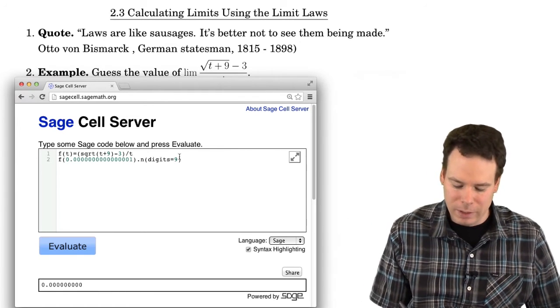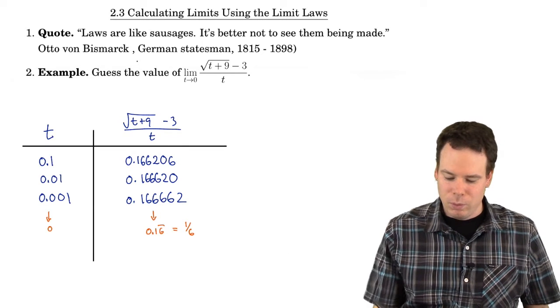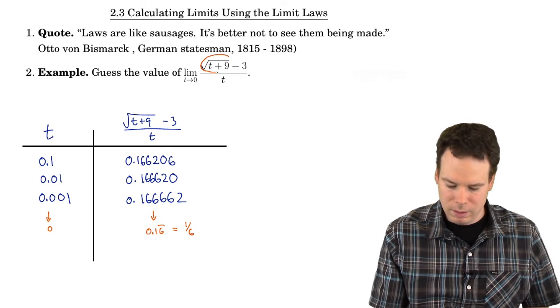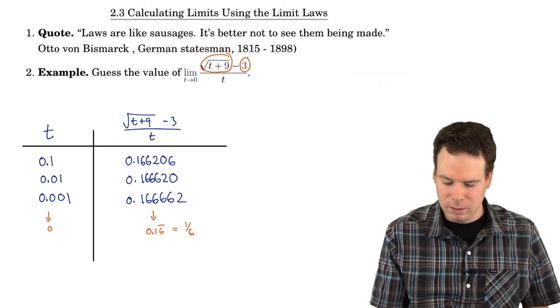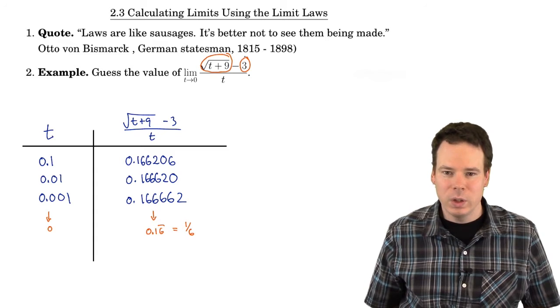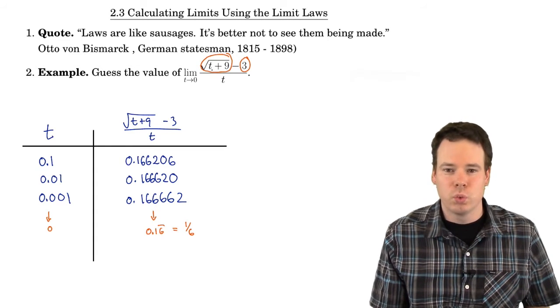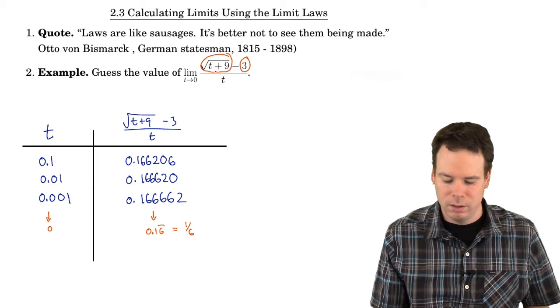Well, I'll tell you what happened here. What's going on is we're taking this difference. We're taking this thing minus this thing. When t is really, really, really small, t plus 9 is really close to 9.